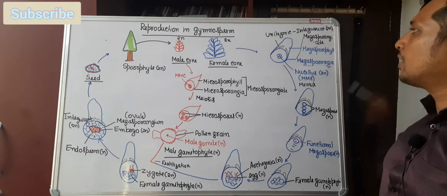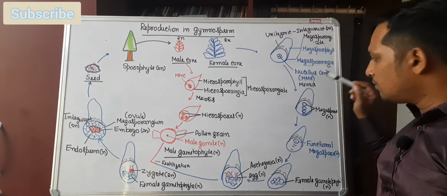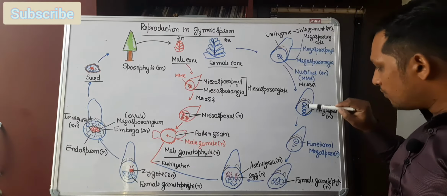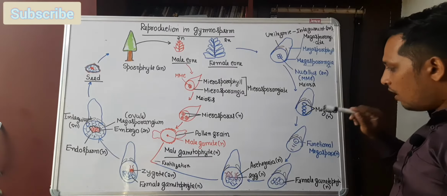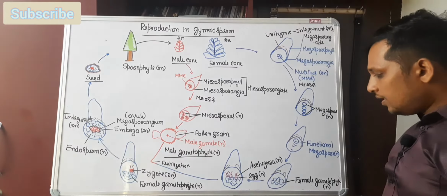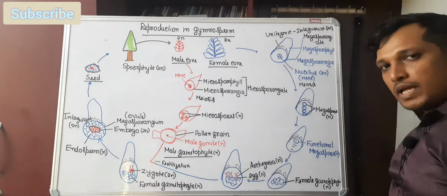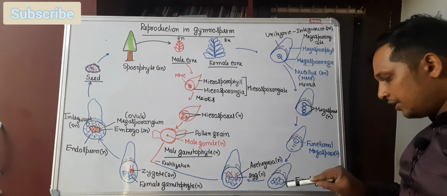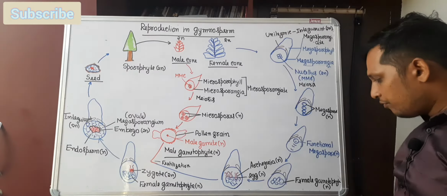Out of the many nucellus cells present, one of the nucellus cells behaves like a megaspore mother cell. It will undergo meiosis and form 4 haploid megaspores, because meiosis results in haploid cell formation. Out of 4 megaspores, 3 will degenerate and 1 will behave like a functional megaspore. This functional megaspore later develops into the haploid female gametophyte.